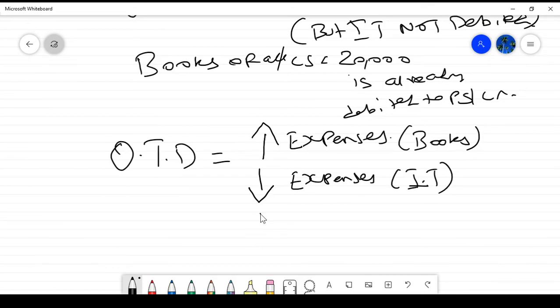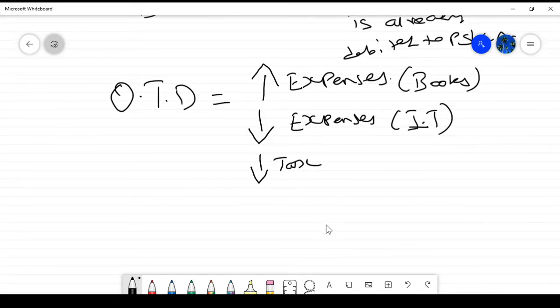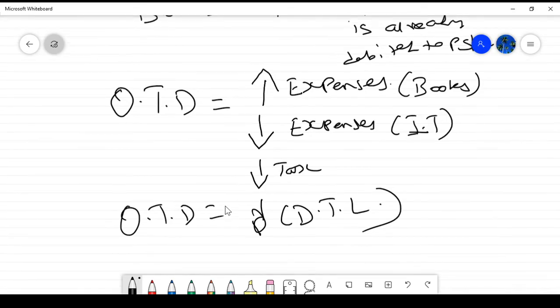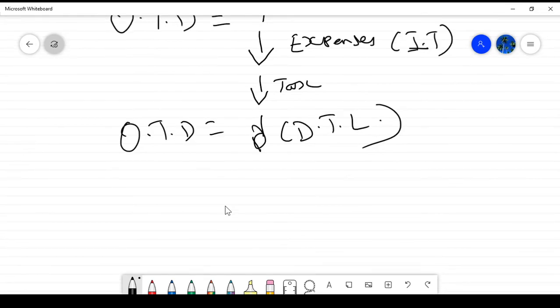So I would have paid less tax in my income tax, and I would have created DTL initially, that is OTD, okay? OTD already created, DTL is already created. Now actually what happens, we have to do RTD, that is writing back.